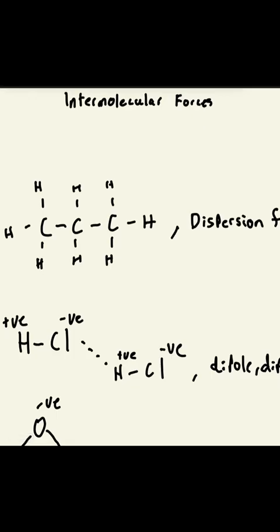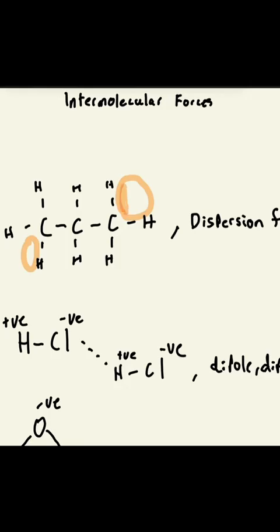There will be electrons within each of these bonds, and sometimes as the electrons orbit the molecule, there might be a higher density of electrons in certain areas. For example, there might be more electrons in this section compared to this section over here.